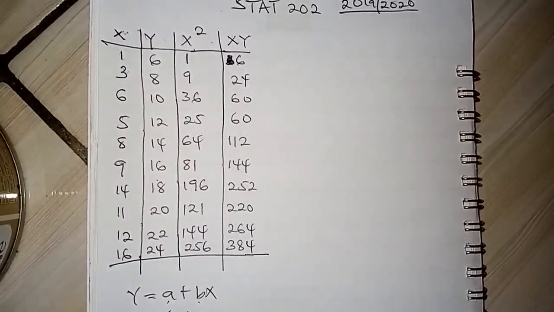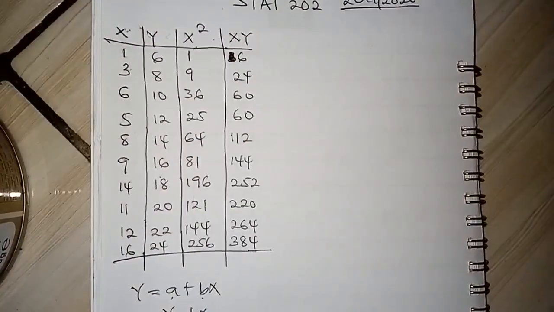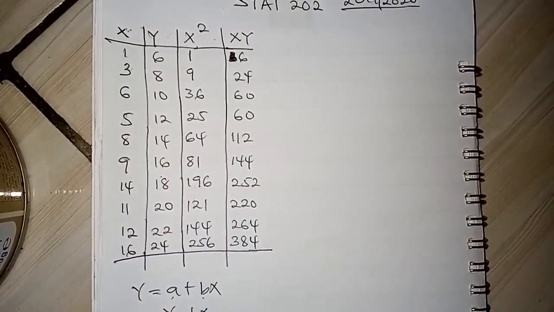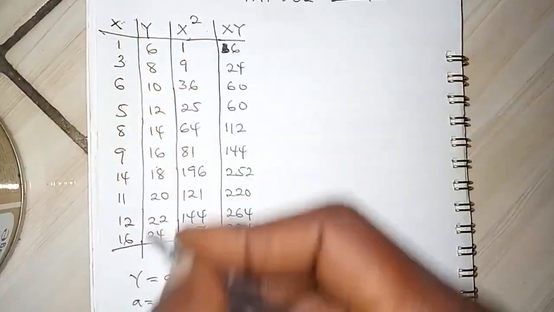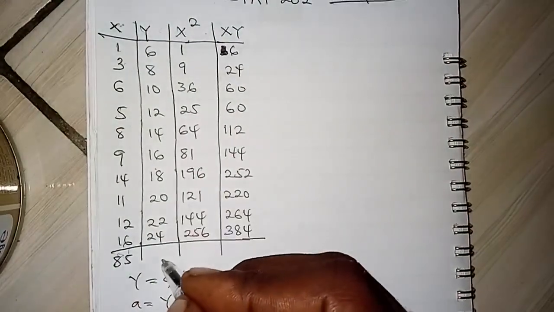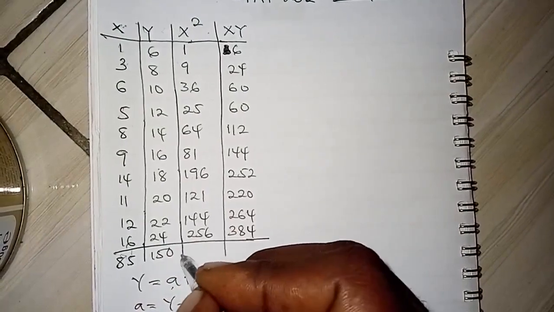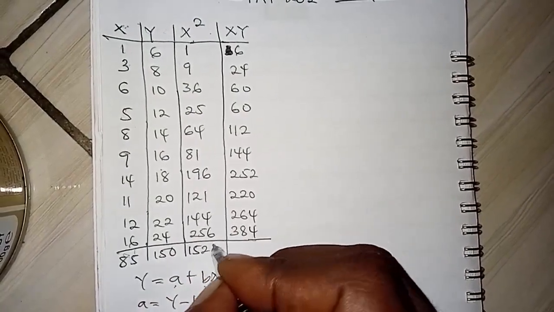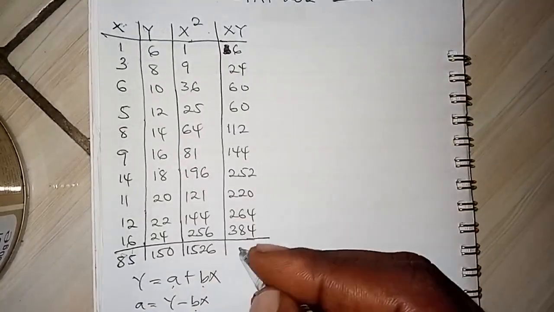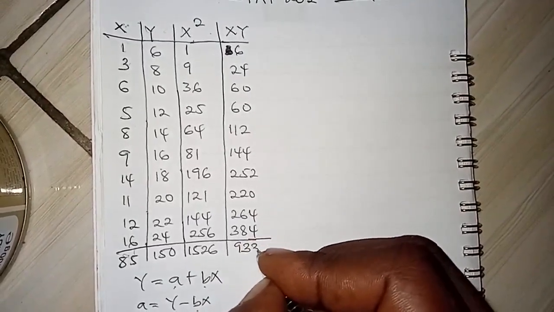The next thing we need is the summation: summation x, summation y, summation xy, and summation x squared. Summation x is 85, summation y is 150, summation xy is 1526, and summation x squared is 933.